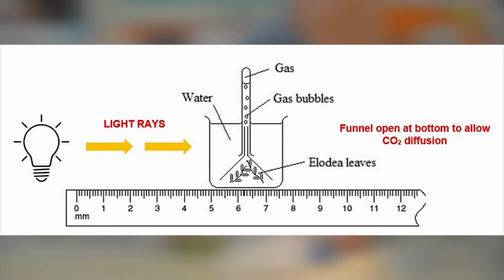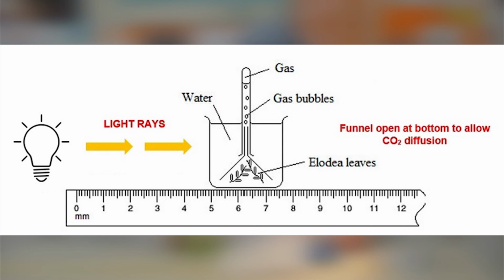To do this, we can use a setup in which we have a large beaker of water, and in this we place a piece of pondweed under a glass funnel and place it in the bottom of the beaker with the spout pointing upwards. We then place a measuring cylinder upside down over the spout of the funnel.